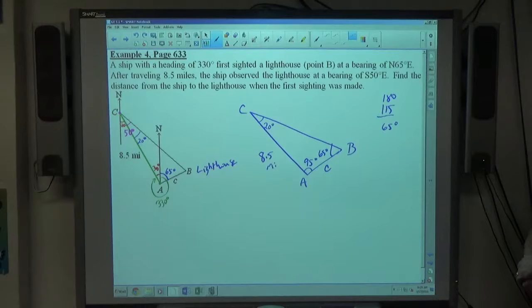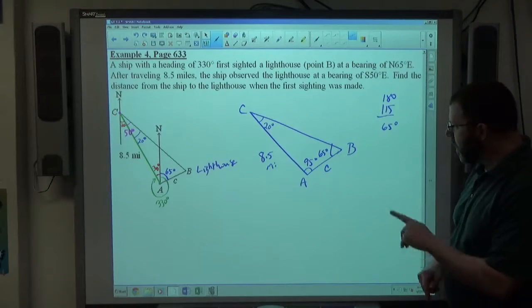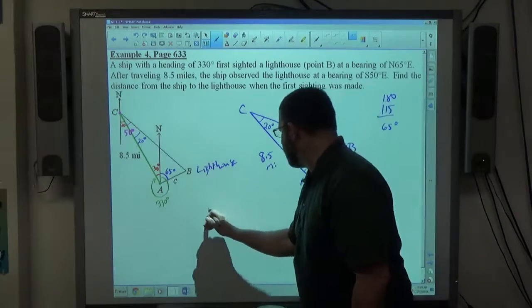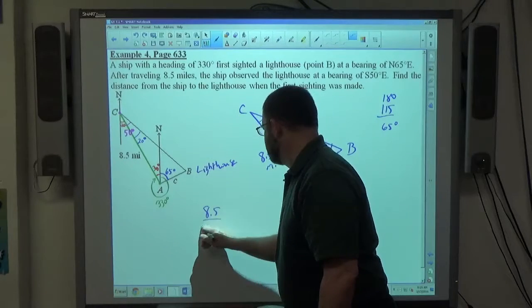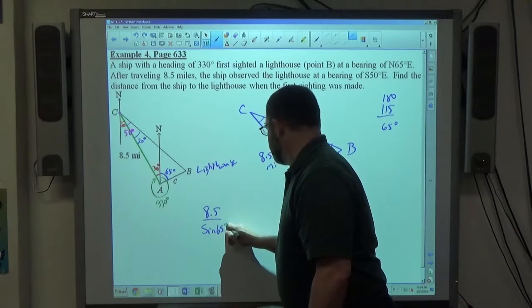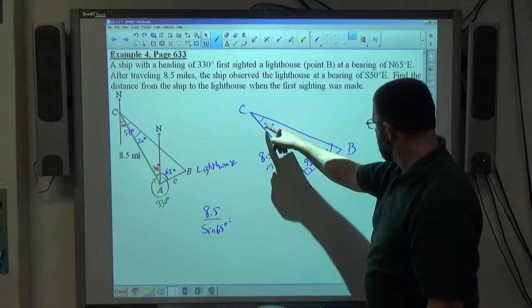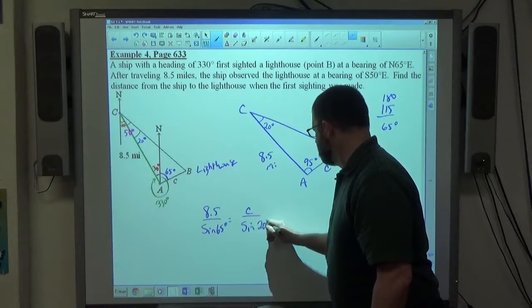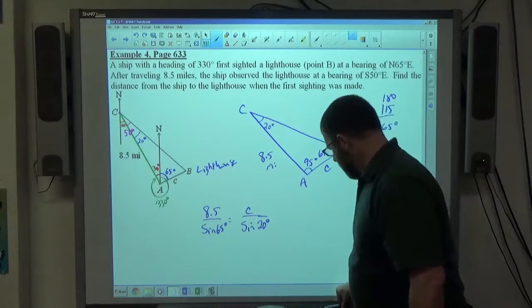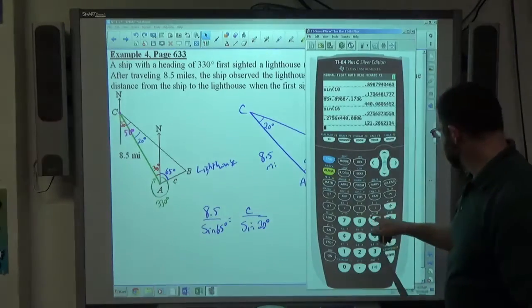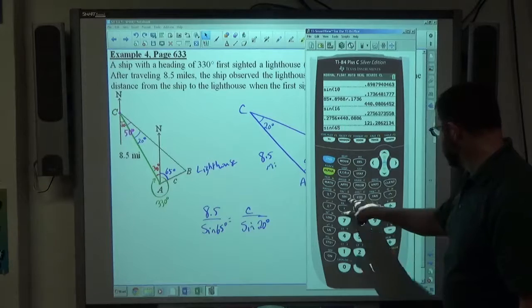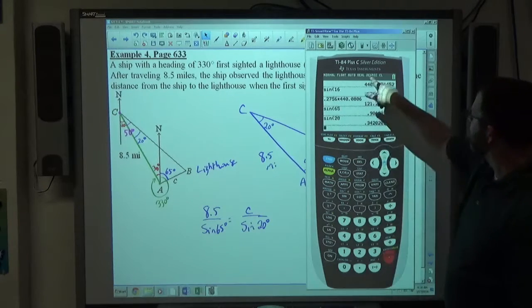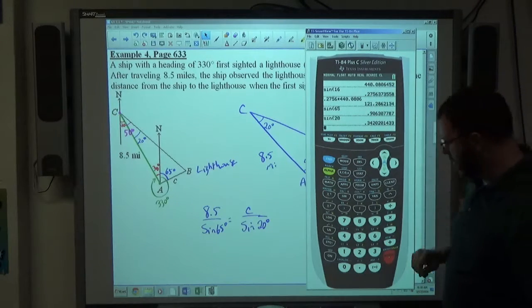All right. So, I know 8.5 over the sine of 65 should equal c over the sine of 20. And I get my calculator out, sine of 65 and sine of 20 should be known by my calculator. Again, verifying I'm in degrees, not radians.